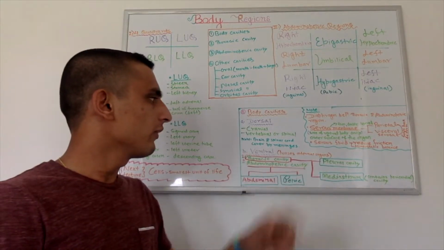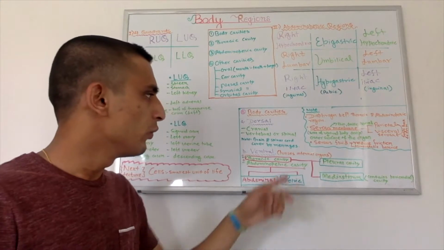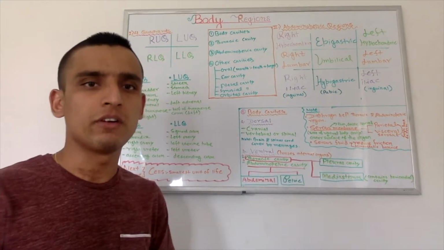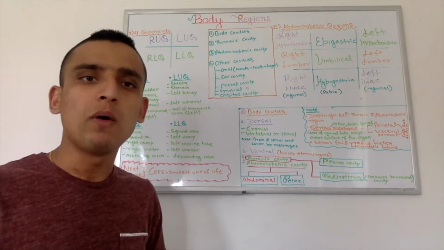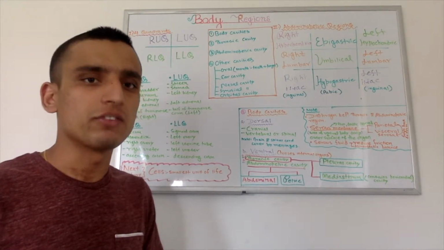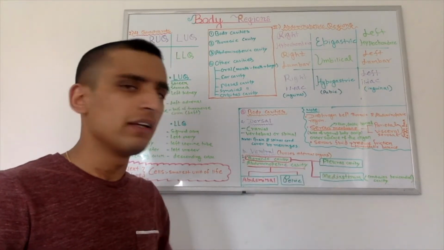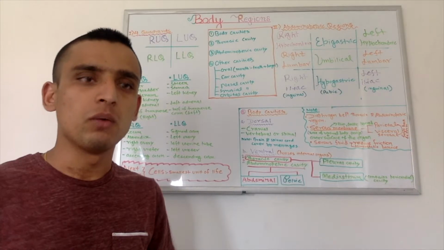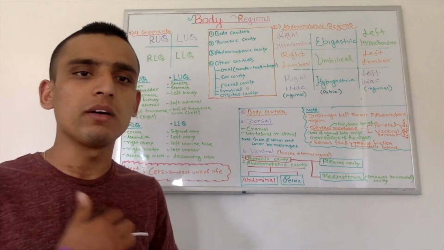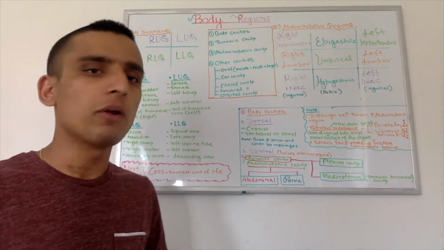Now, the ventral is the front or anterior part, which houses many internal organs. Those organs are very important for life function. Remember the ventral cavity is divided into two main subdivisions. One is thoracic, which is the top part, and the other is the abdominopelvic region, which is the bottom part.